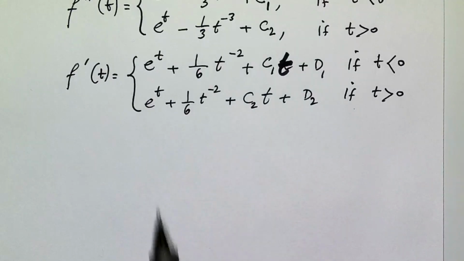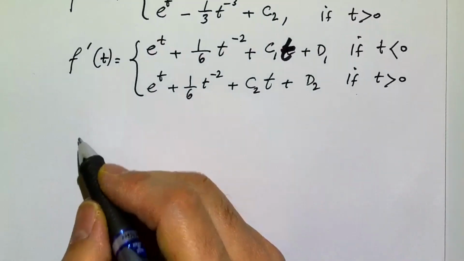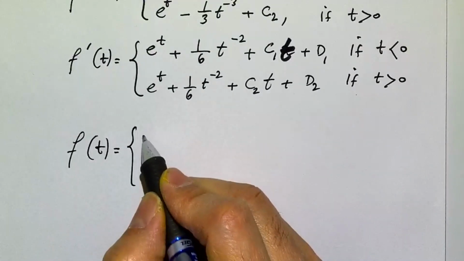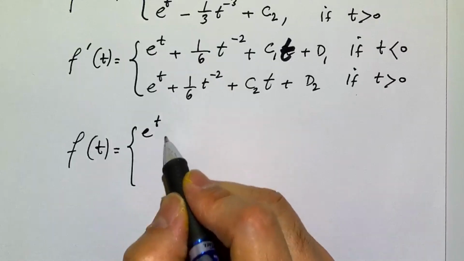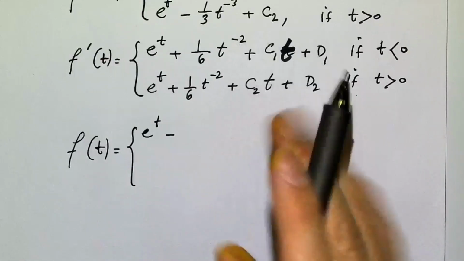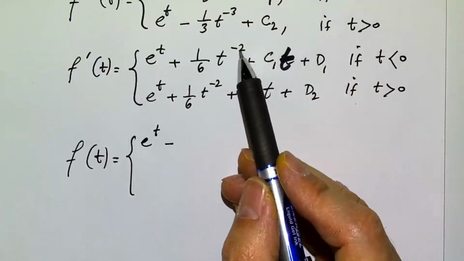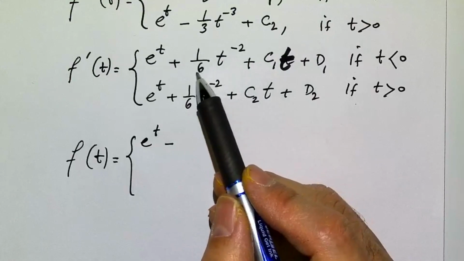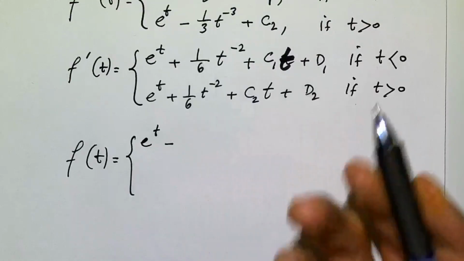So yeah. So then the next antiderivative, which would be f t, is equal to e to the t minus, now add 1 to that, we get -1, and then this term divided by -1 will be -1/6.